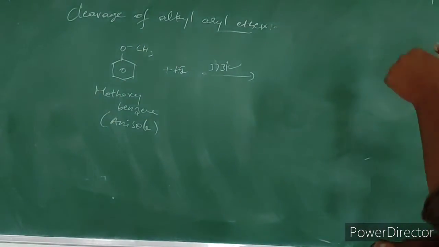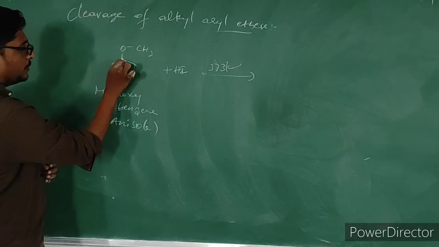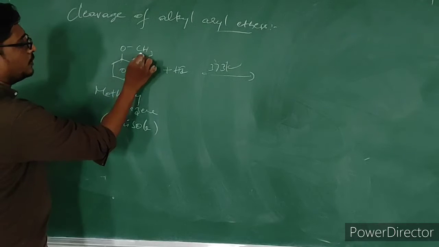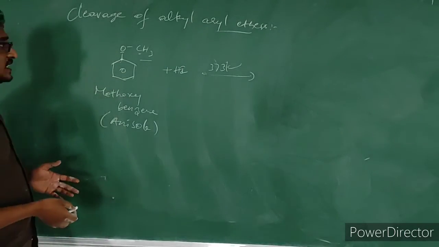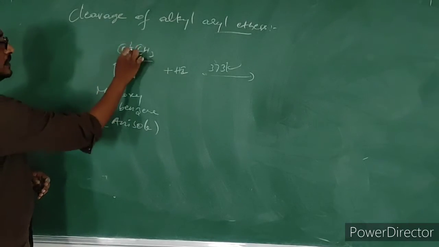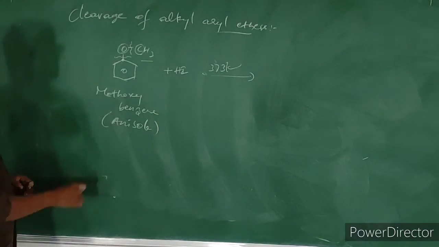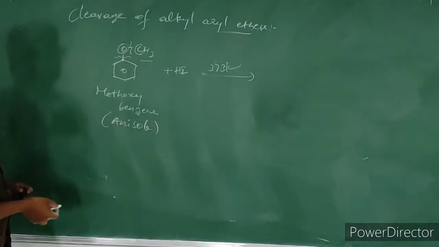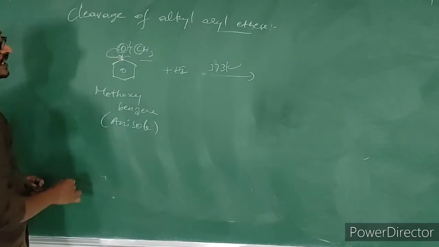Now, where does the cleavage of the C-O bond take place: between the carbon of the benzene ring and oxygen, or between the carbon of the alkyl group and oxygen? In this case, cleavage takes place between the carbon of the alkyl group and oxygen, but not between the benzene carbon and oxygen. The reason is that a partial double bond is present between the ring carbon and oxygen, because the lone pair on oxygen is in resonance with the benzene ring.